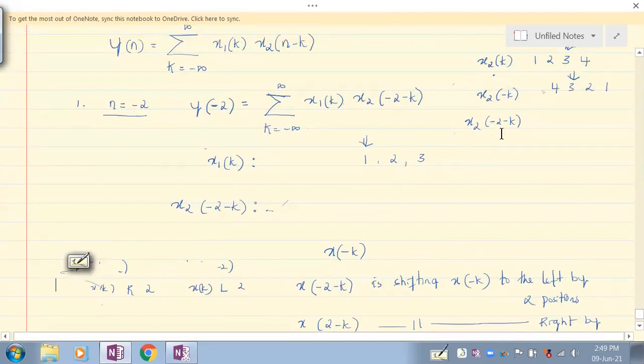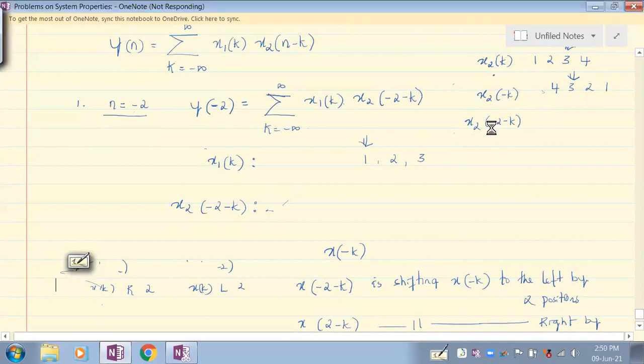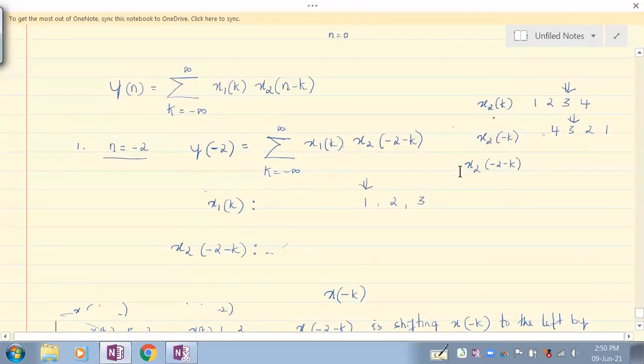If this is x2 of minus k, x2 of minus 2 minus k is shifting this to the left by 2 positions. If we shift this by 2 positions to the left, the origin, which is at 3, would now become the origin here. So that means we'll have 1, 2, 3, 4 here. So this is what we have.